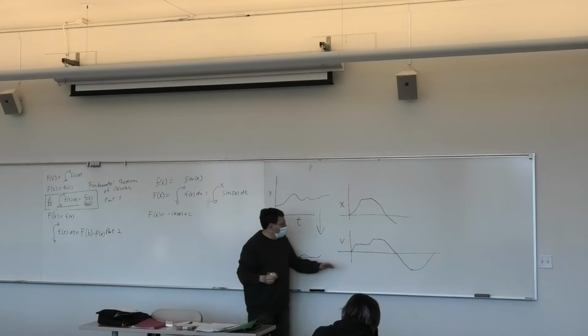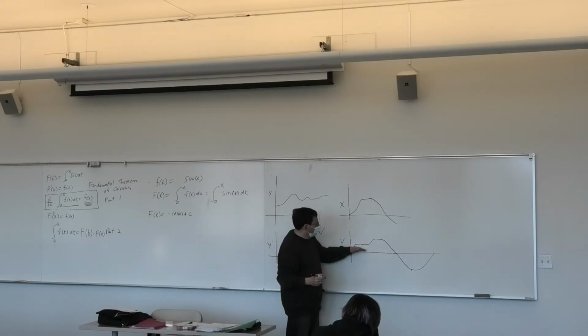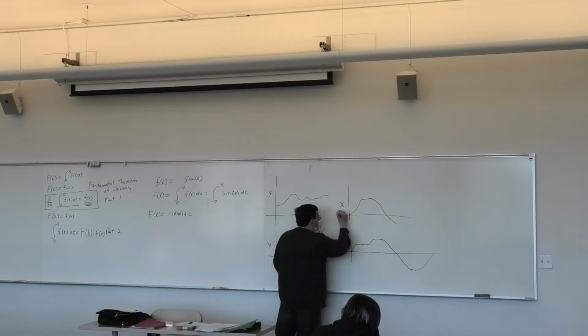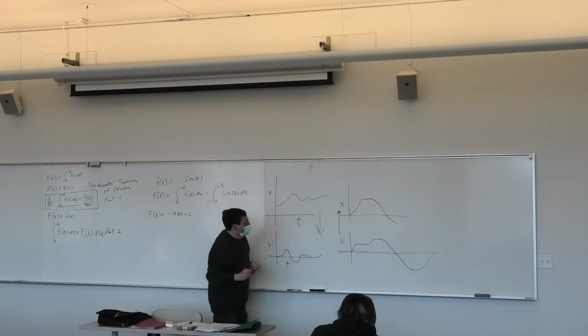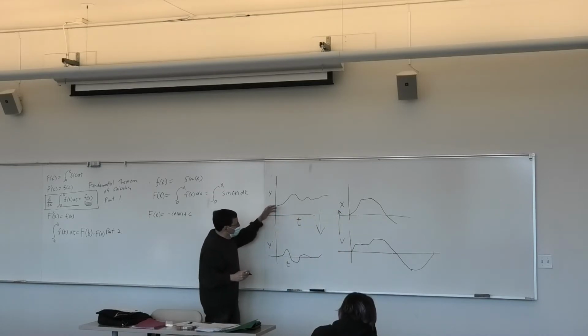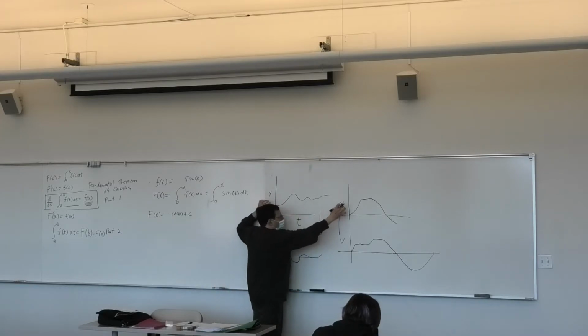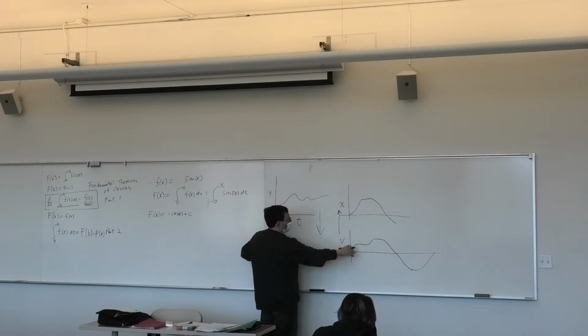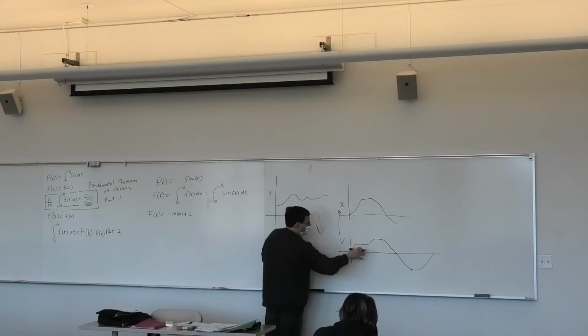Well, how did I do that? I took velocity and I found the antiderivative of velocity. So I'm kind of going in the opposite direction. If both of these graphs are how far I went, and the graph below it is the derivative, the velocity, it makes sense that I could go in the opposite direction.